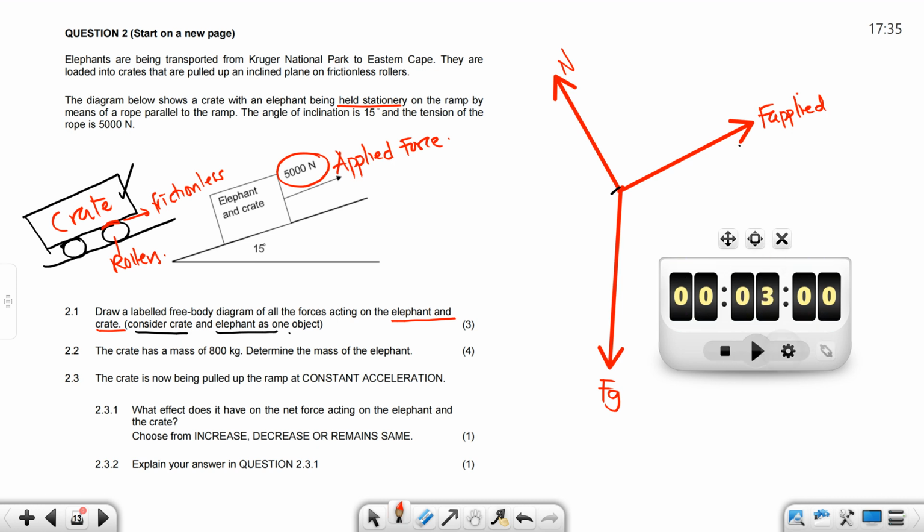Guys, please, first thing is to redraw your free body diagram, right? Redraw the diagram.